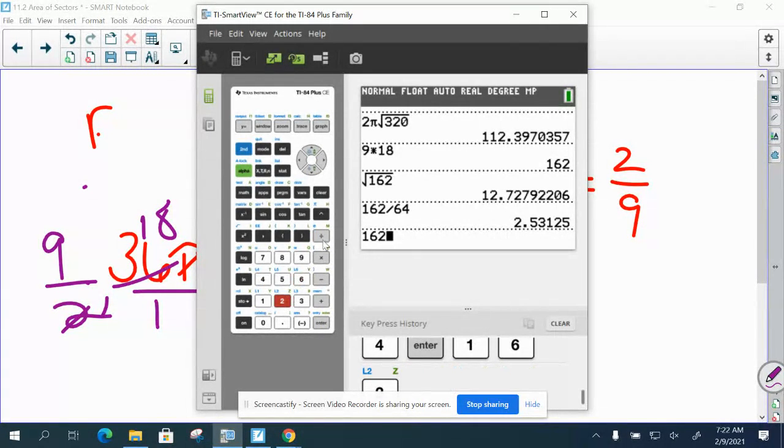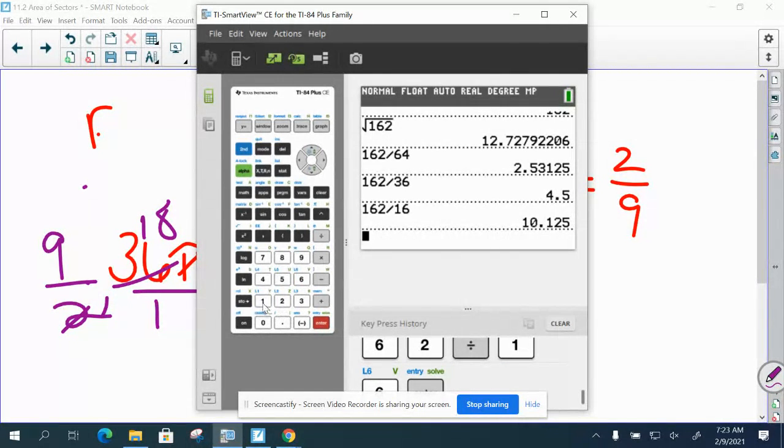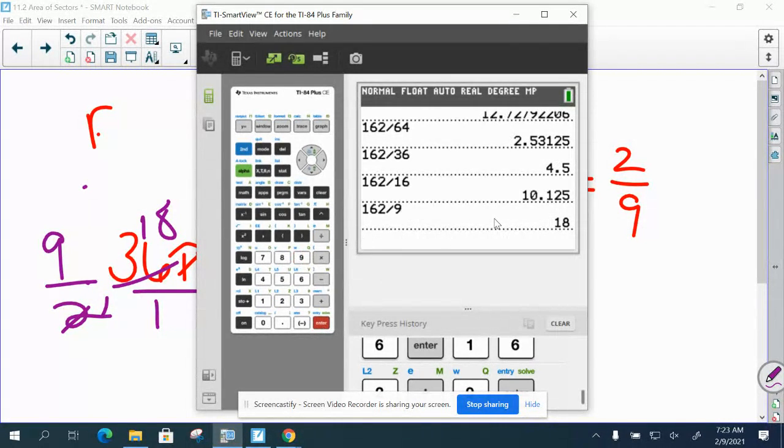How about 36? Nope. How about 25? Definitely not. How about 16? That doesn't really seem like it would work, because 160 would be divisible by 16, so not 162. 162 divided by 9. How about 9? Yep. So 9 and 18 work.